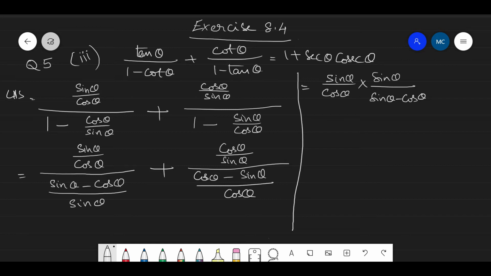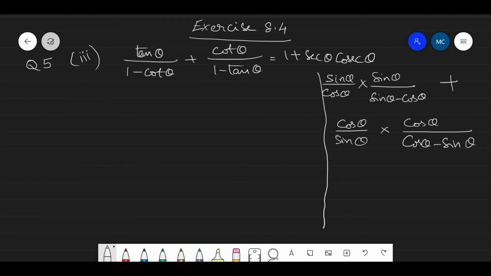So the second fraction will become reciprocal and it will be multiplied. Plus the second part will become cos theta by sin theta into cos theta by cos theta minus sin theta.